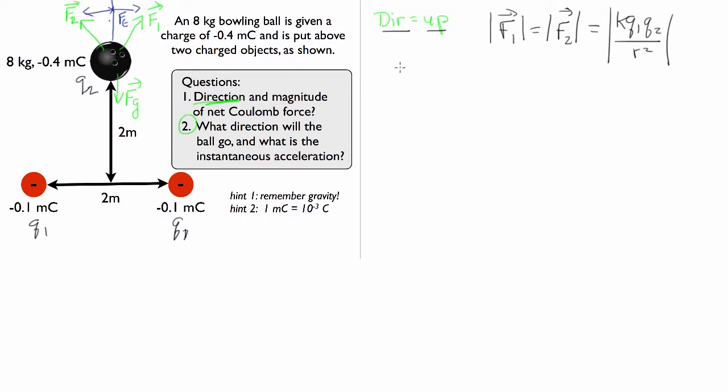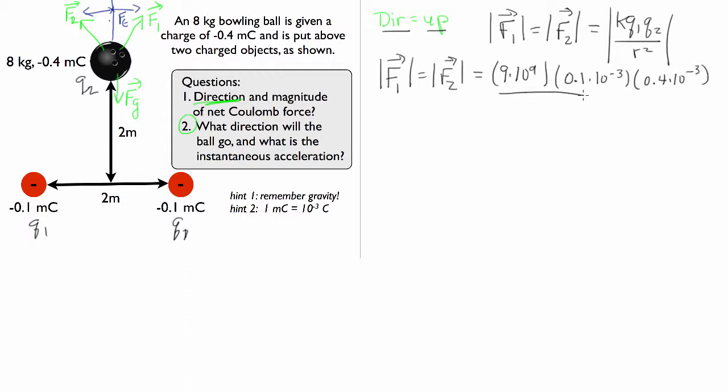So the magnitude of those forces, F1, F2, and I believe I worked this out at some point, is 9 times 10 to the 9, that's K, times Q1, which is going to be magnitude 0.1 times 10 to the minus 3, times 0.04 times 10 to the minus 3, that's those two charges in coulombs, times the separation.